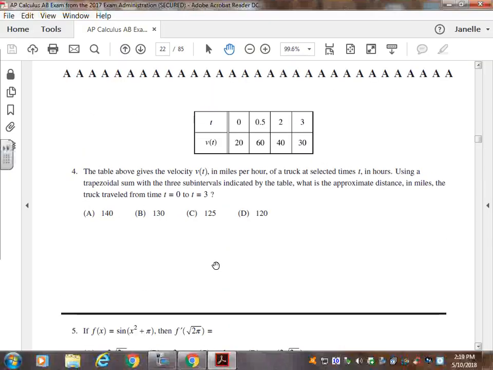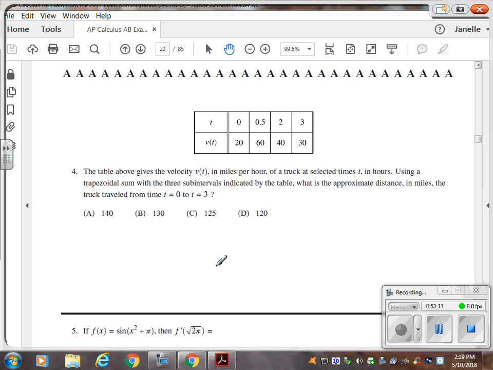4. Yay! Finally. All right, so it talks about trapezoidal sum, and Kinsey was telling me that she was having a little trouble remembering that. All right, so let me talk about that. Number 1, trapezoid formula has to do with 1/2 times the 2 bases added together times the height. That's normal trapezoids. So it's 1/2 times the whole problem, because every one of these is going to have a half on it.